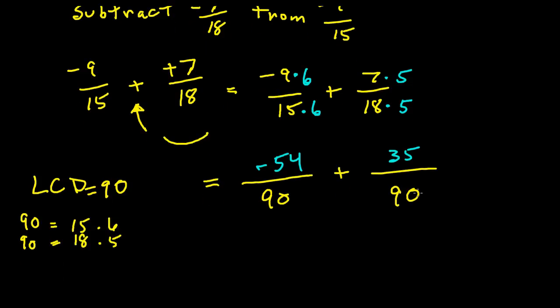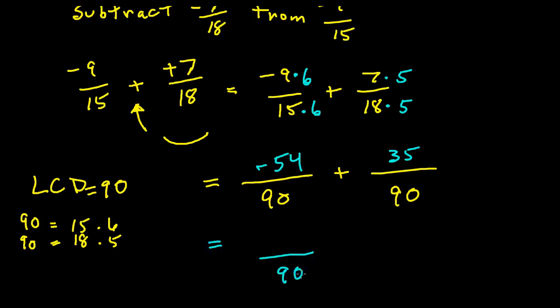All right, so I've equivalently expressed fractions with my new common denominator of 90, and I can now add or subtract the numerators as indicated, keeping my common denominator.